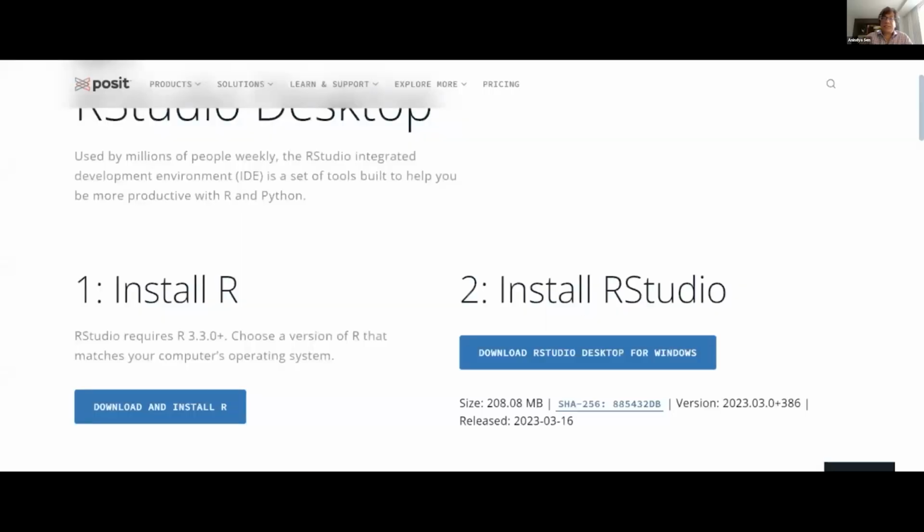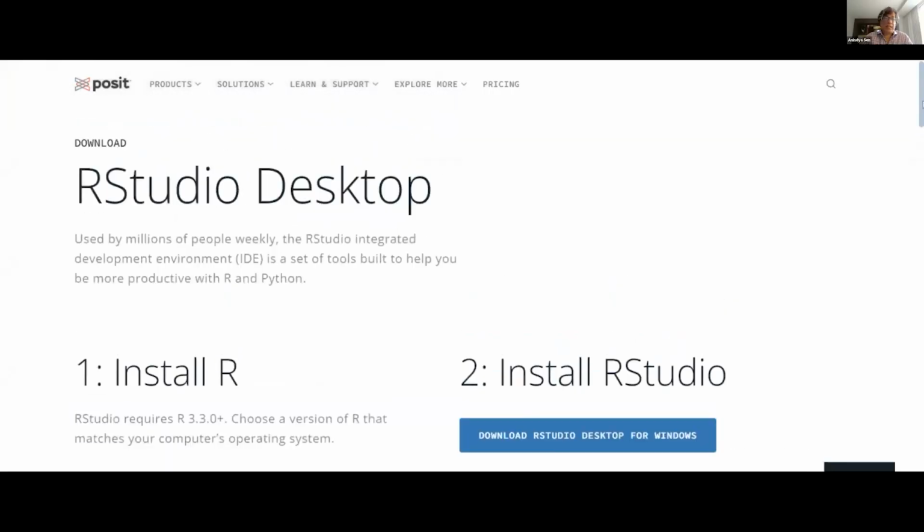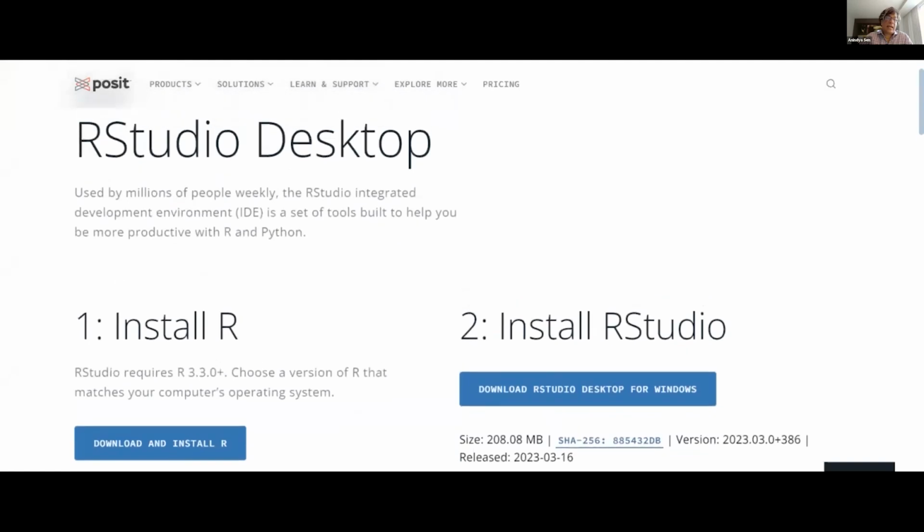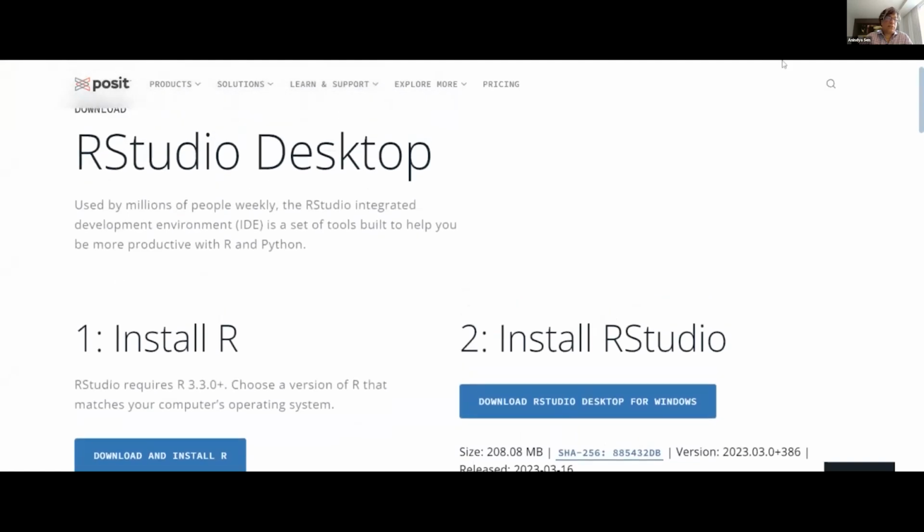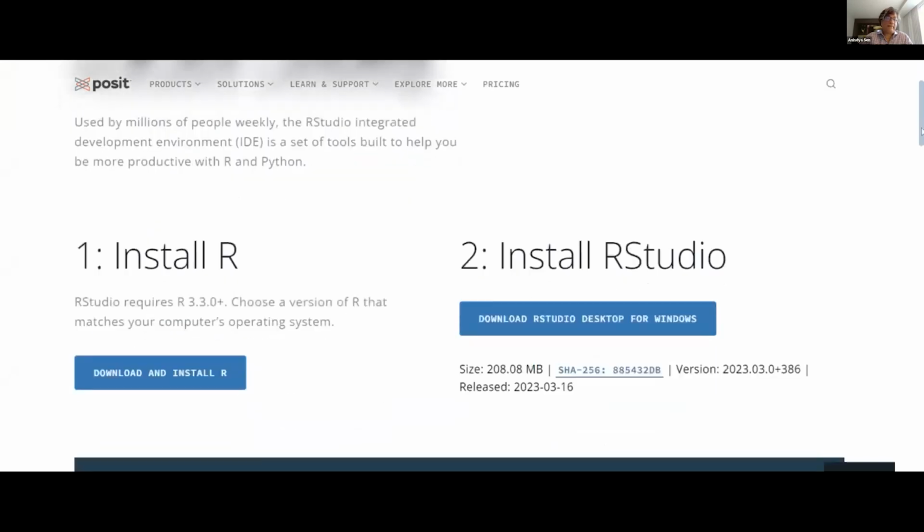So the first thing is that R is free, which is so great. And it's such a lovely language and easy to use interface. And all you have to do is go to this website, posit.co, and download it. And you have to download two features.